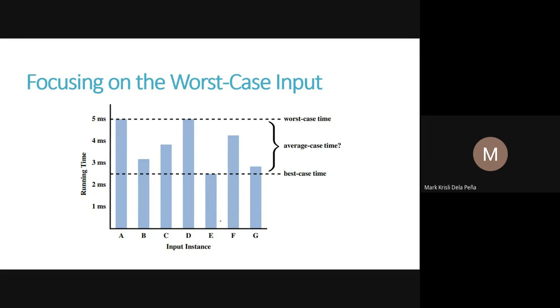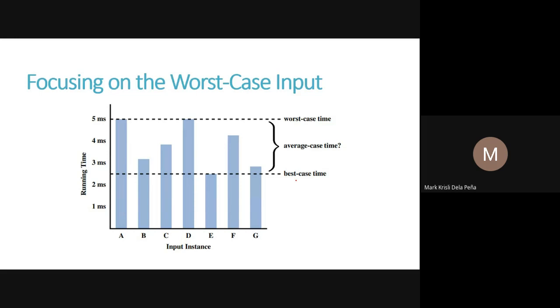So here's a sample graph. Now suppose we have here an input for an algorithm, and this is the time that it would take for a certain number of inputs. Now you have the graphs here. If our y-axis is the time, the smaller the bar, the faster.